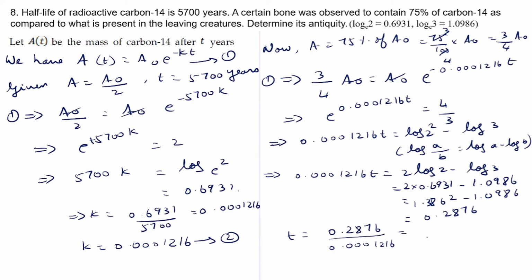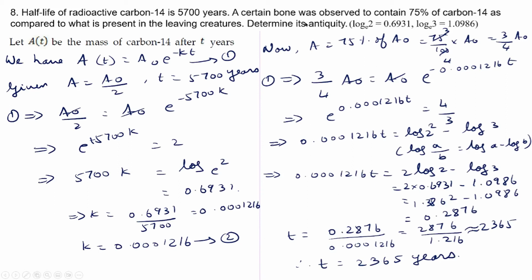So this is 2876 upon 1.216. When we divide, we get it as 2365 years, approximately. So t is equal to 2365 years.